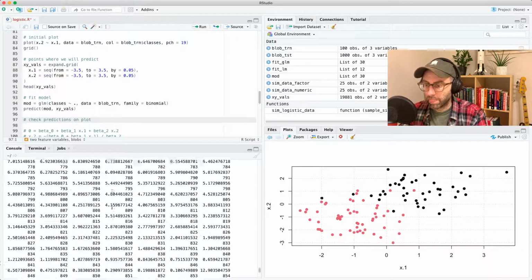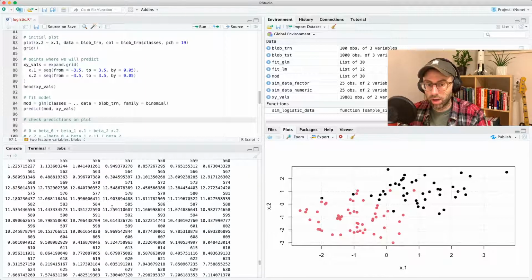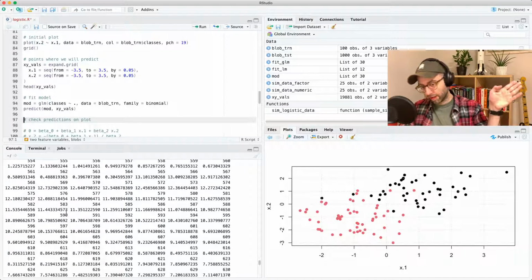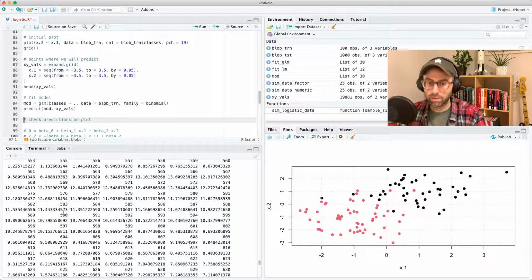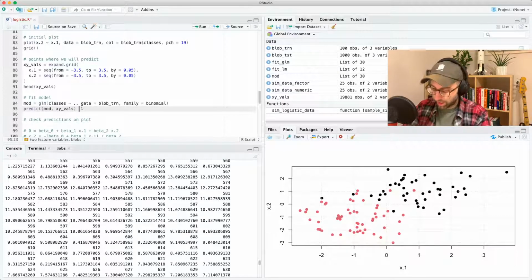Okay, cool. So remember, these are not predicted probabilities. These are the estimated linear combination. So if these are greater than 0, predict it to be 2, the second class. If not, predict it to be 1. That will be what I want.